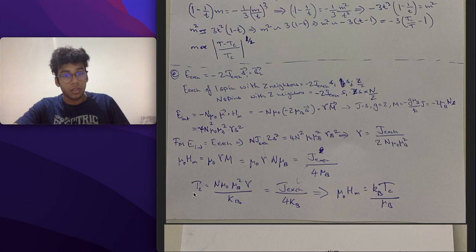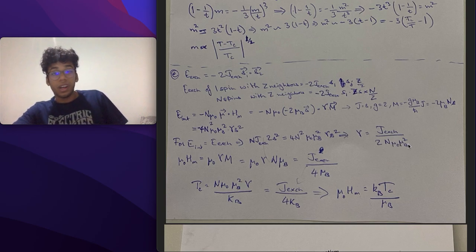We can also express your Curie temperature in terms of n mu naught mu b square gamma by kb, which can be further expressed in terms of J exchange by 4 kb. So here gamma is J exchange by 2 n mu naught mu b square.